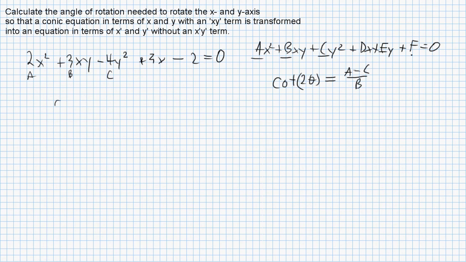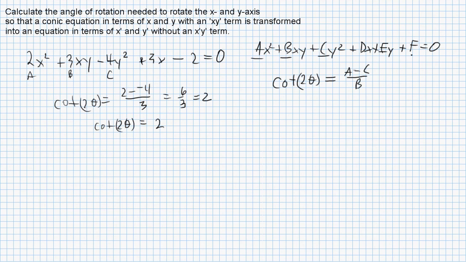So the cotangent of 2 theta is equal to 2 minus negative 4 over 3, which is 6 over 3, or 2. So we've got cotangent 2 theta is equal to 2.